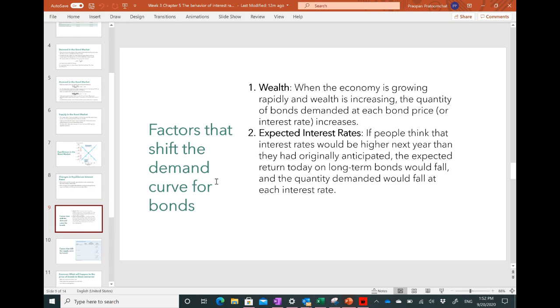And the gap between the expected price and the price you purchase, that rate is called rate of capital gain. That's another source of rate of return. So let's take a look in detail what happened when the expected interest rate change to the rate of return, and then it will link to the demand for bond.